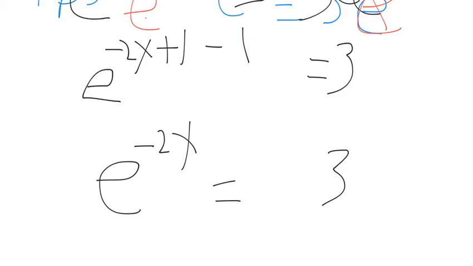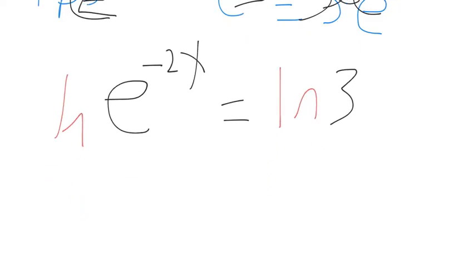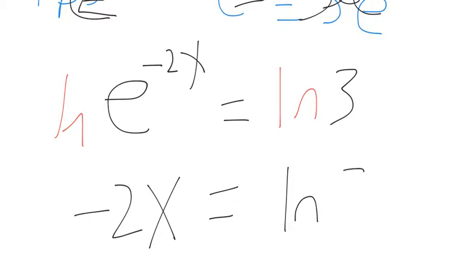Now that we just have one exponential term, we can do ln of both sides. Now we have ln of e raised to some exponent, so like I said before, you can just skip to writing it like this, negative 2x for the left-hand side equals ln of 3.